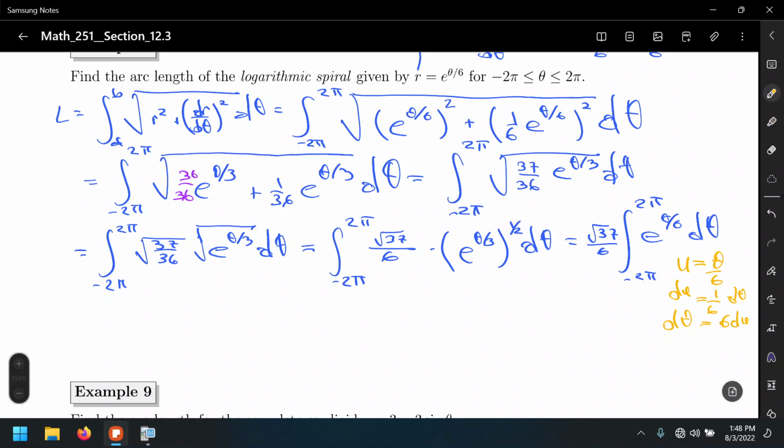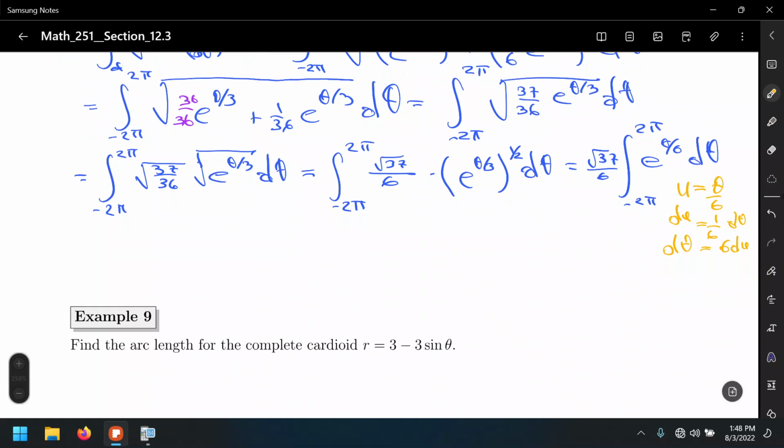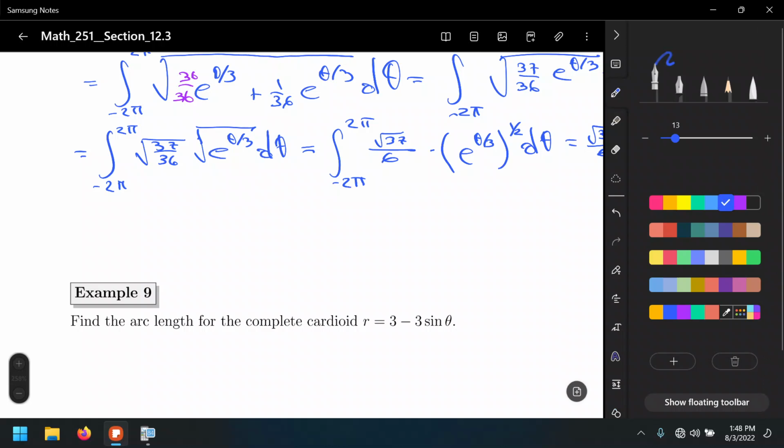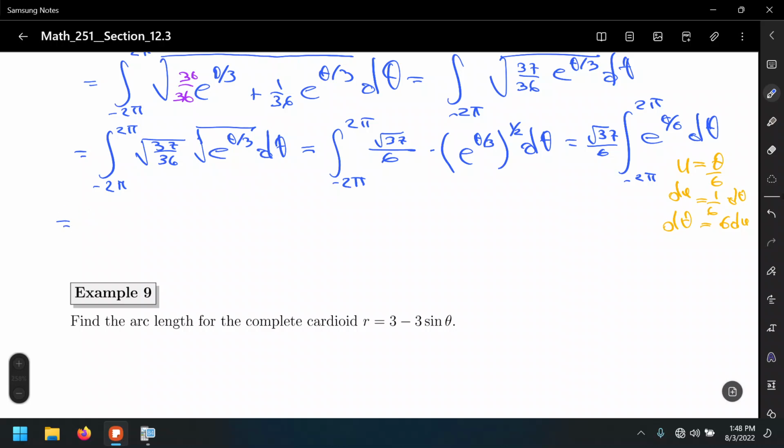The limits of integration, we don't need to change them, because it's not going to do anything really interesting. This time we're good with that. So this will be the square root of 37 over 6 integral of e to the u times 6 du, and notice how the 6's go away.